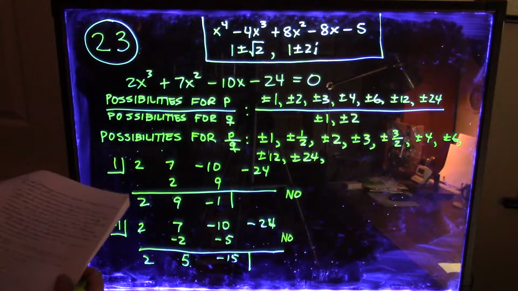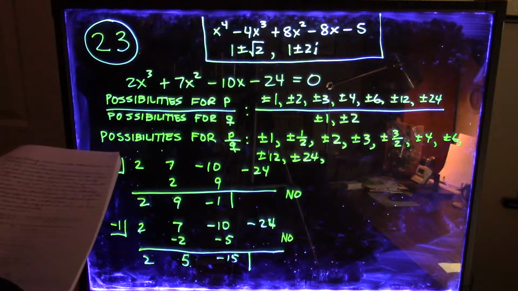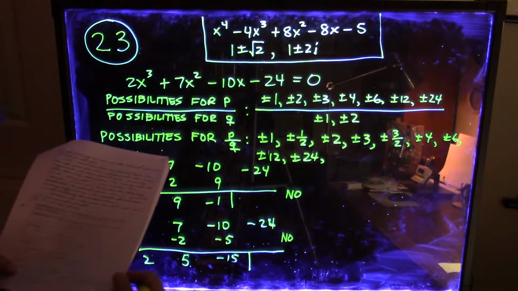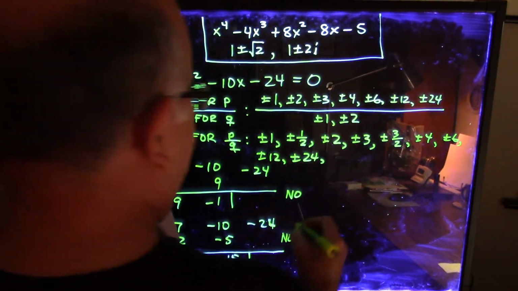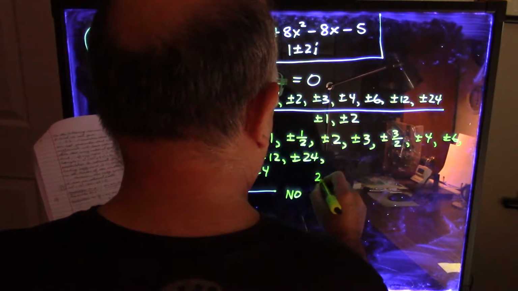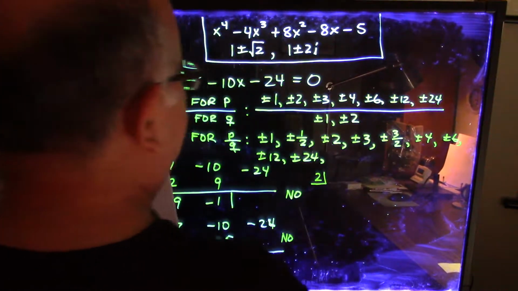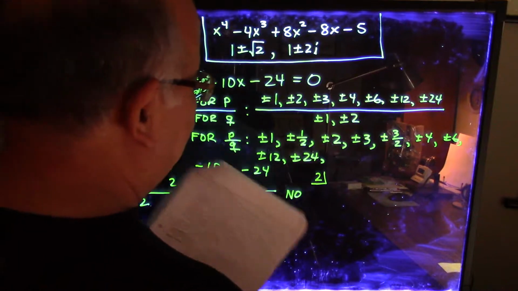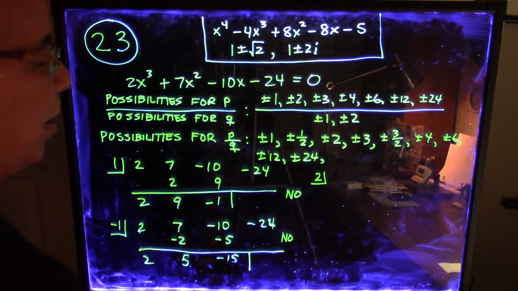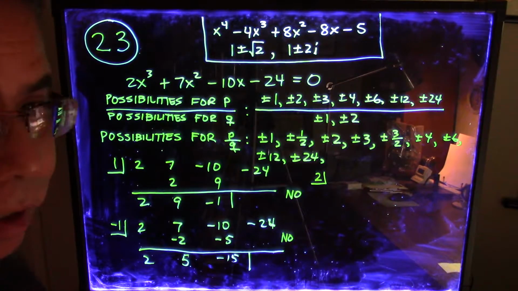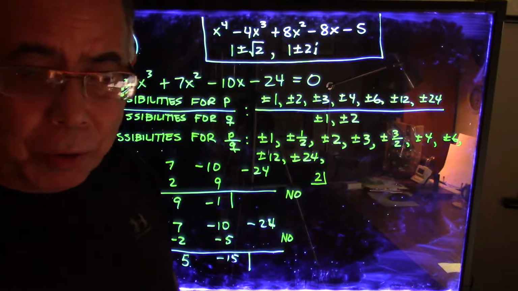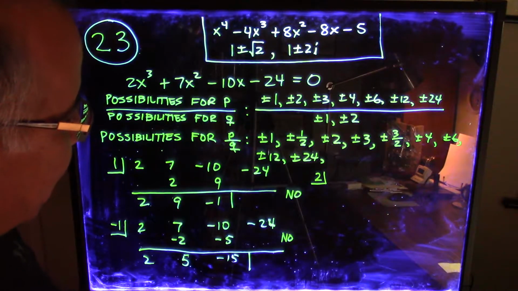Okay, well, we could go to a half. Having done this already, let's try 2. But basically what you have to do is go through each of these possibilities using synthetic division and hope you get to the zero remainder as soon as possible.